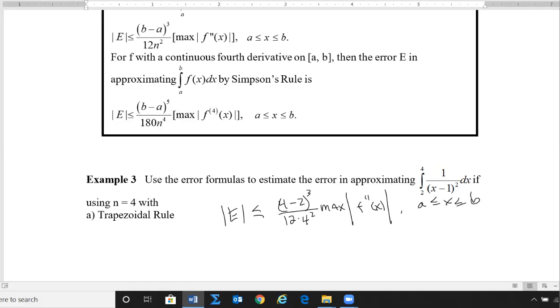Okay, so this is the unknown in our formula here. We have to get a handle on this size here.